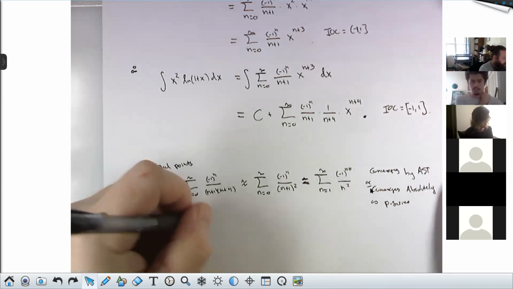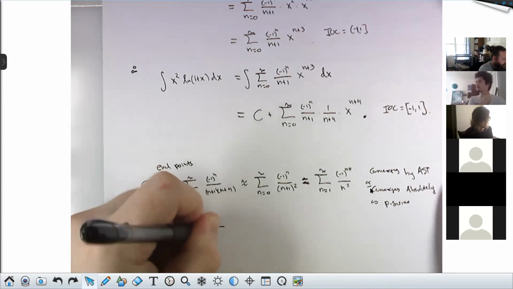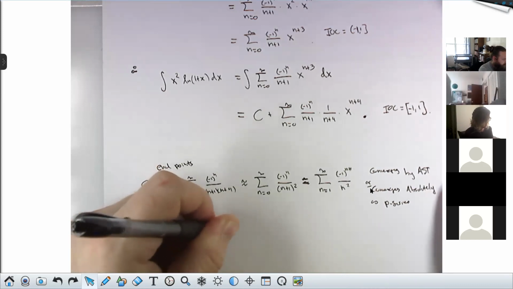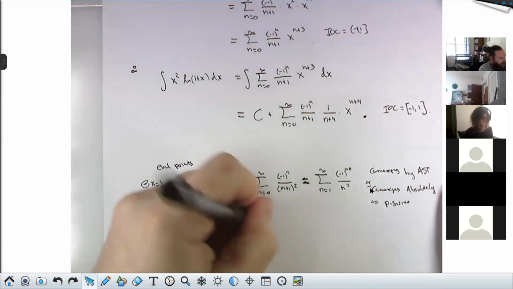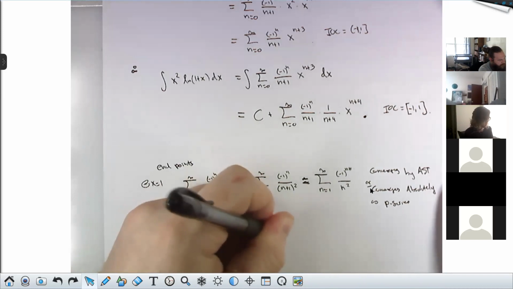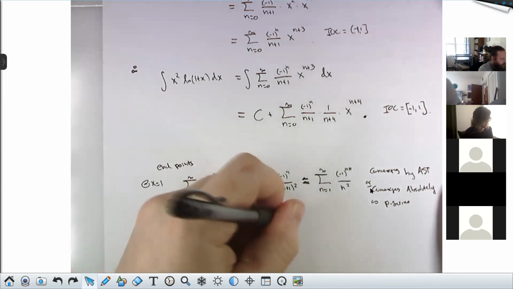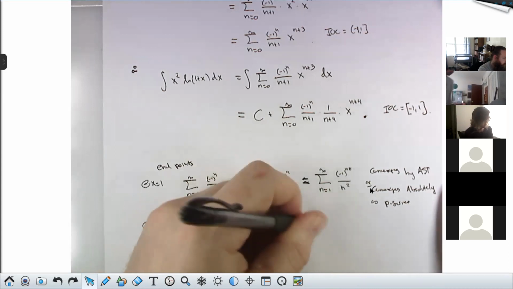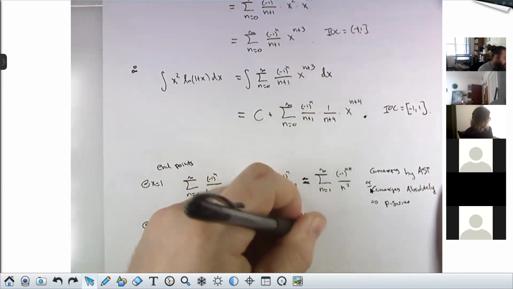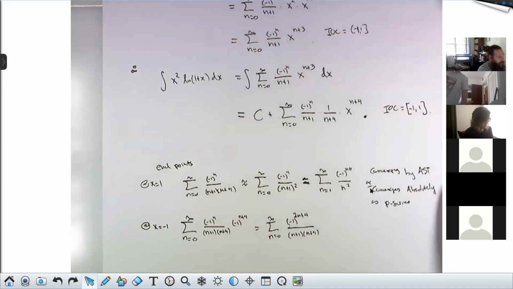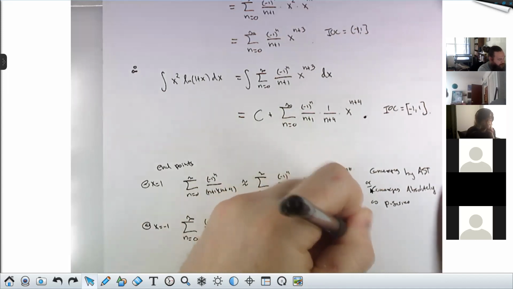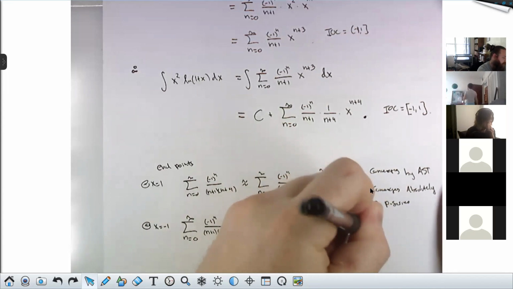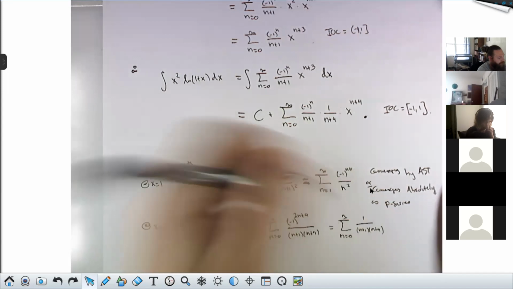If I plug in -1, then I'll have -1 to the n over n plus 1 times n plus 4 times -1 to the n plus 4, which is sigma n from 0 to infinity, -1 to the 2n plus 4 over n plus 1 times n plus 4. And since 2n plus 4 is always even, this is sigma n equals 0 to infinity, 1 over n plus 1 times n plus 4.